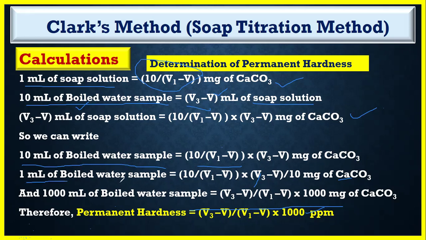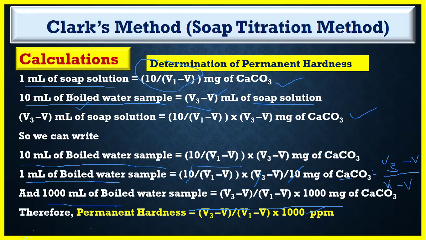And 1 ml of boiled water sample is equal to 10 divided by (V1 minus V) multiplied by (V3 minus V) divided by 10. So this 10 cancels out with this 10. Finally, 1 ml of boiled water sample is equal to (V3 minus V) divided by (V1 minus V) milligram of calcium carbonate equivalents. And 1000 ml of boiled water sample is equal to (V3 minus V) divided by (V1 minus V) into 1000.